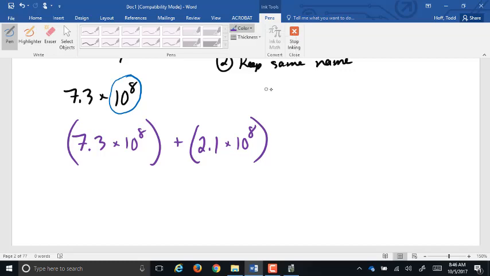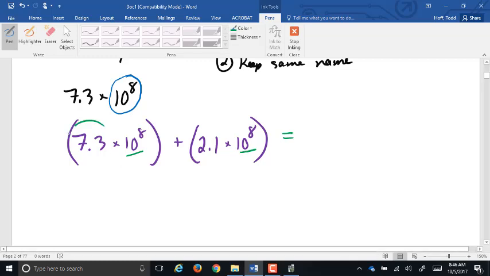So here we have the same power of 10. So they have the same name. We can add them. And when we add, we combine the counts. So this is the counts. What is 7.3 plus 2.1? 9.4. And we keep the same name, 10 to the 8th.